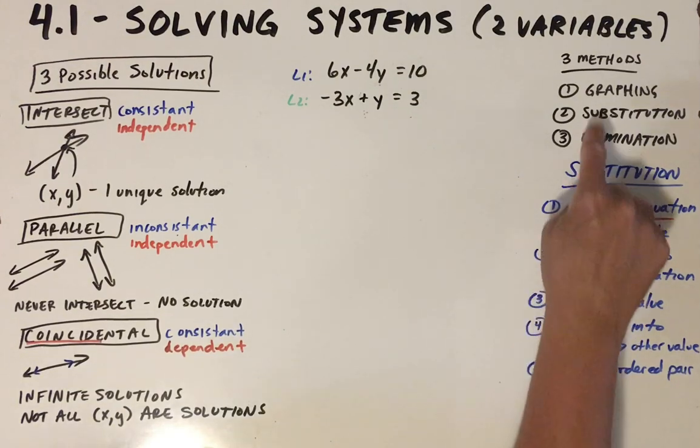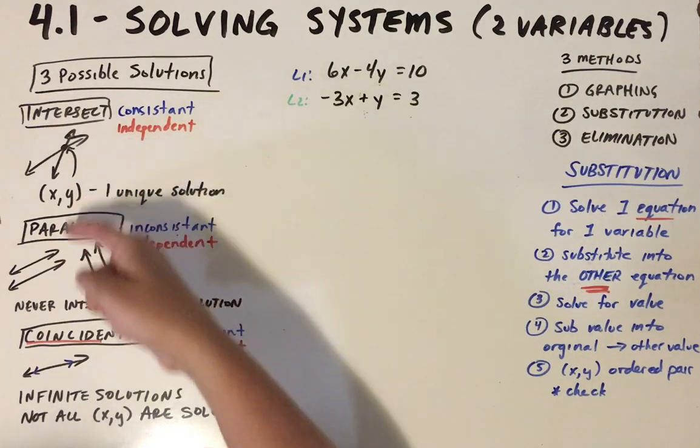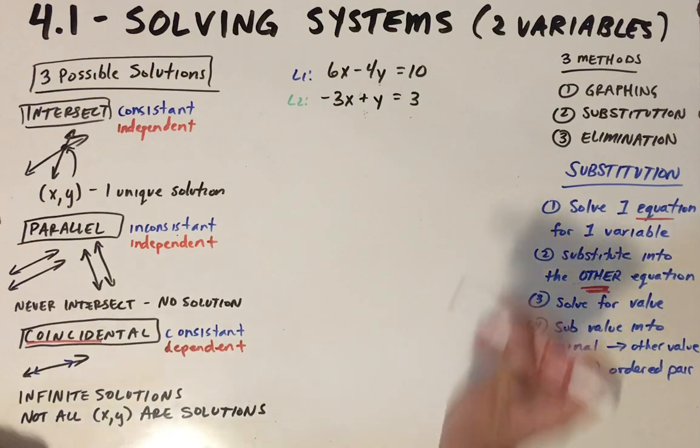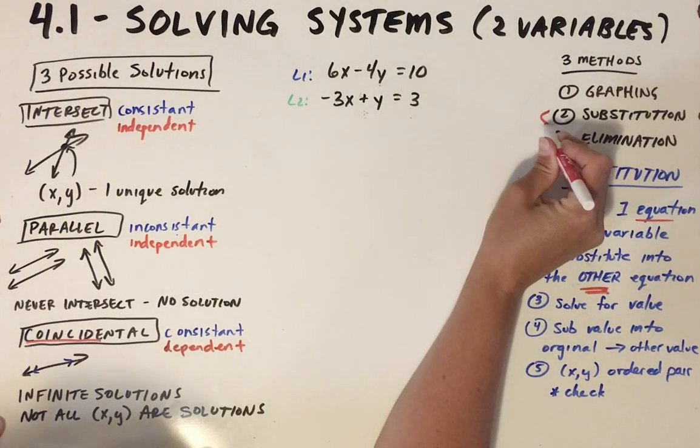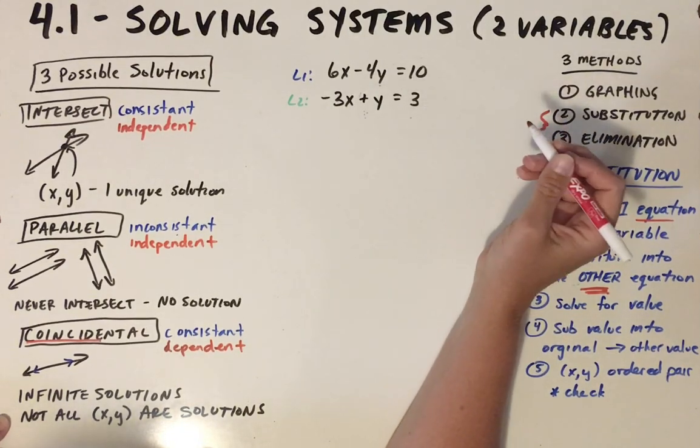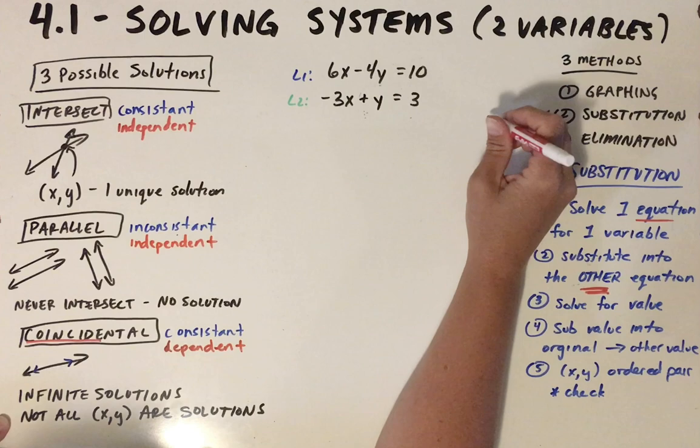So 4.1 part 1 was all about graphing, and we could visually see, and we did examples of each of these: intersecting, parallel, and coincidental lines. But these next two methods, substitution and elimination, are purely algebraic. That means that we will not graph these. We won't look at these on an XY coordinate system.